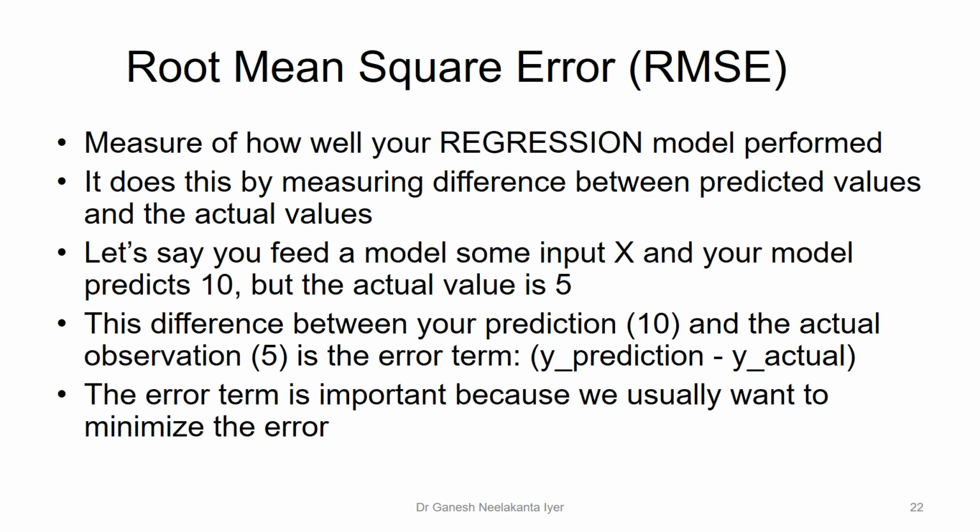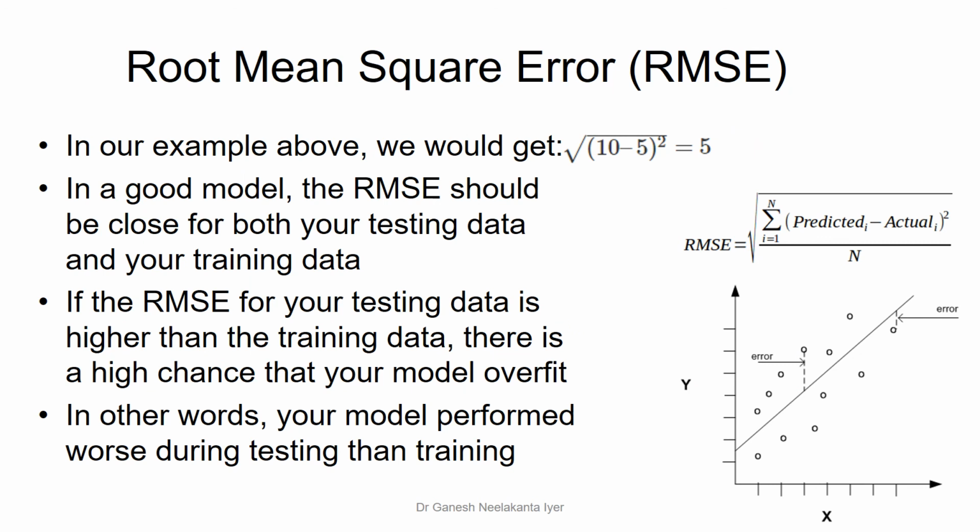The difference between your prediction and the actual value is the error. And why is error important? Because we want to minimize the error. So the root mean square error is calculated as the sum of predicted minus actual, the whole square, over n, and the root of that.